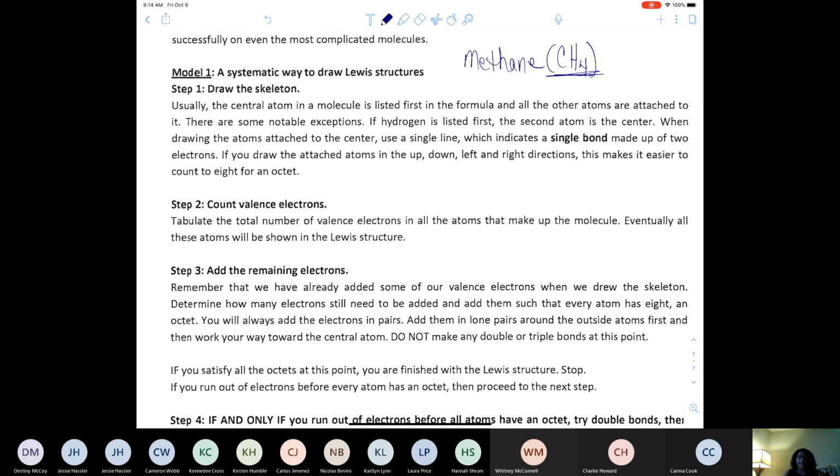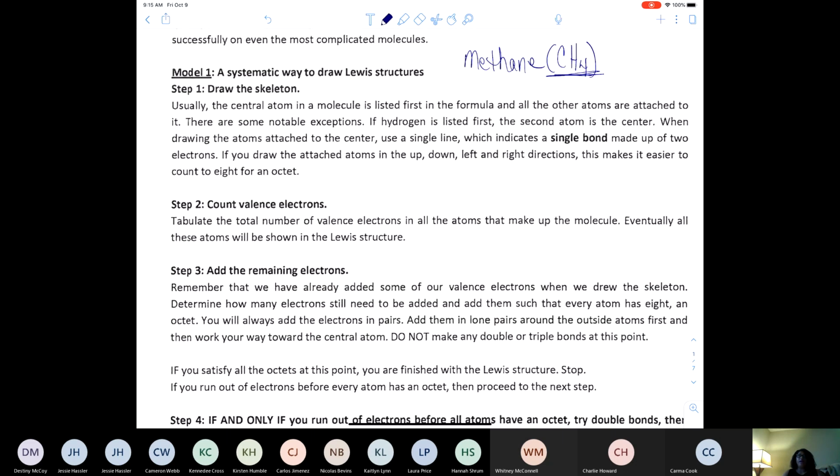And so we'll first decide which atom in the formula is the central atom. Well, the central atom in the molecule is usually the one that's listed first in the formula. So for CH4, carbon is shown first. So by that general rule, carbon will be the central atom.